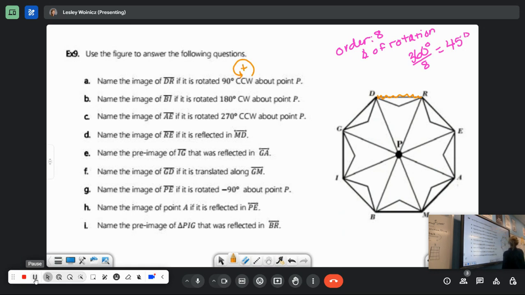Okay, so if we think about D rotating 90 degrees, D is going to map to, okay, and then R is going to map to G. So my question for you is, can I write this segment as GI? I want you to think about it.